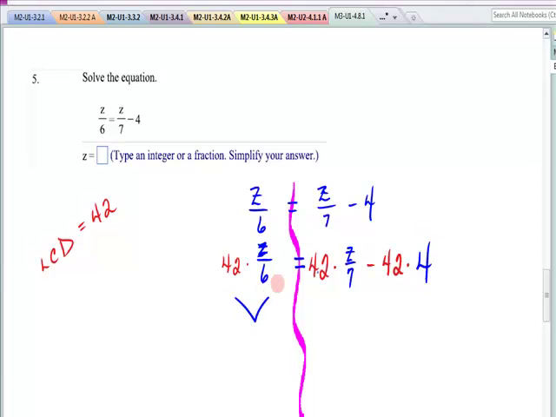So I multiplied 42 times each one of these three terms.